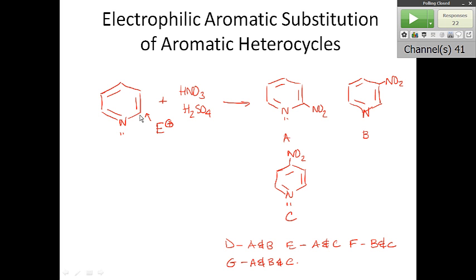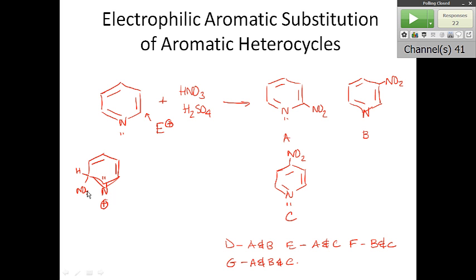So in other words, add it here, and so we would have our H and our NO2 group here, and then we'd have our nitrogen there with the positive charge. Is that going to be the best?